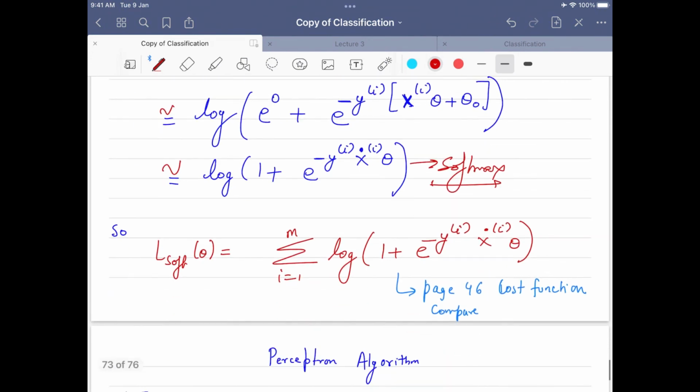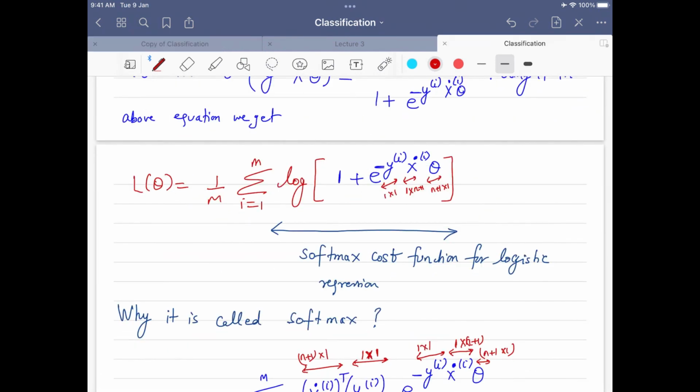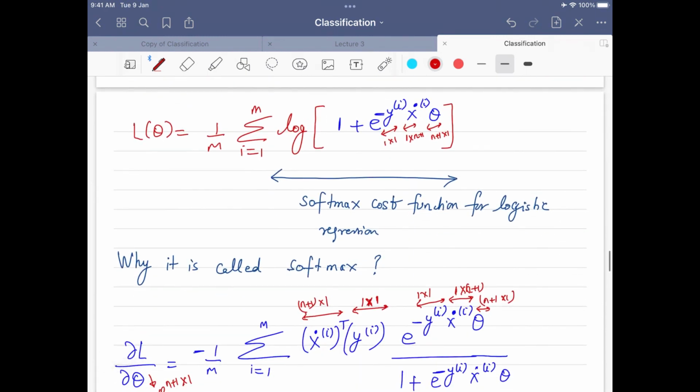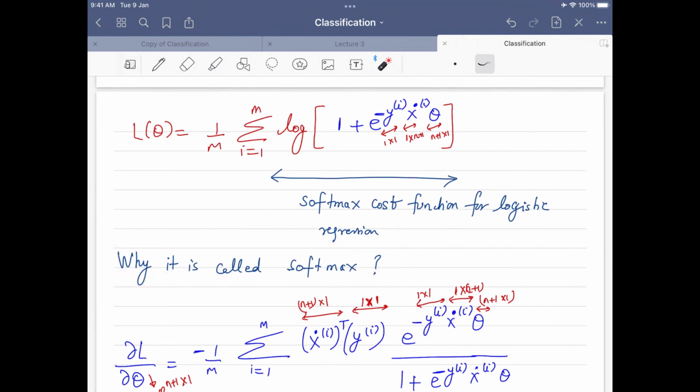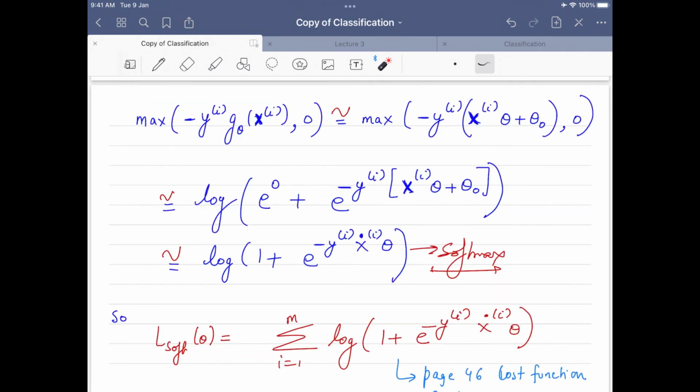It is basically nothing but a soft max. Now if you recall our earlier lecture, let me go to that lecture. Here is the slide where I was telling you that it is a soft max cost function for logistic regression, and I told you why it is called soft max will be answered later on. Now you recall that this loss function, which is a soft max loss function, is the same as the one we are discussing here.